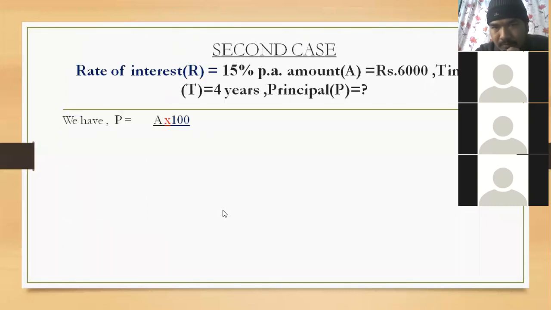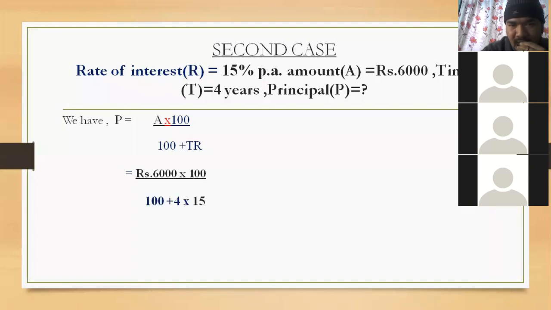What is the second case? The amount is 6,000, the time is 4 years, and the principal is what we have to find, right? Then principal equals A into 100 by 100 plus T into R.